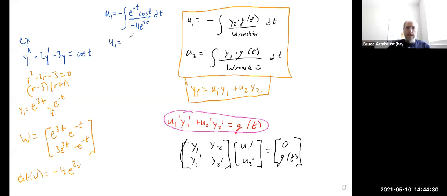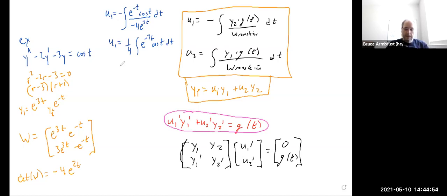So u1 is 1/4 the integral of e to the minus 3t cosine of t. I'm definitely way too lazy to do that at this point, so let me just do it with the calculator.